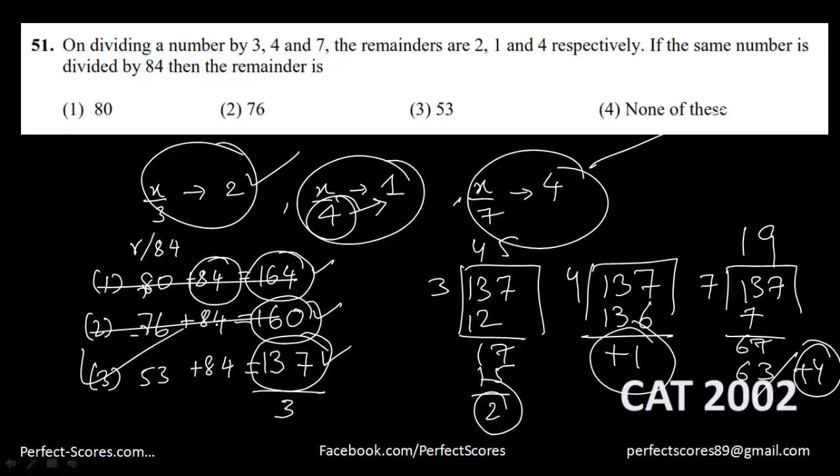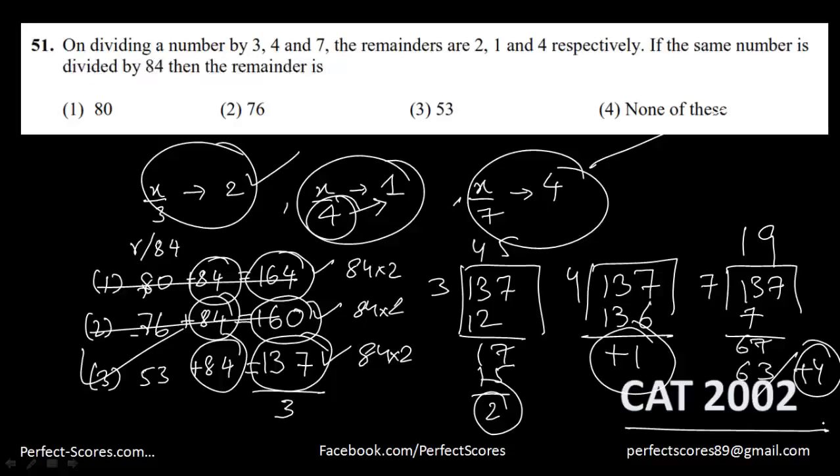If 84 wouldn't have worked, I would have added 84 into 2 to all the numbers, and I will get my answer 99.99% of times. In a very odd scenario, I won't be able to get my answer. Then I need to be very adaptive and flexible and change my approach there and then. So suppose you understand this question the way I'm doing here. Again, it's a previous CAT question.